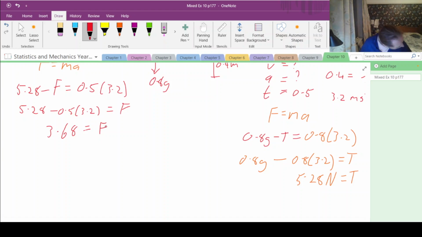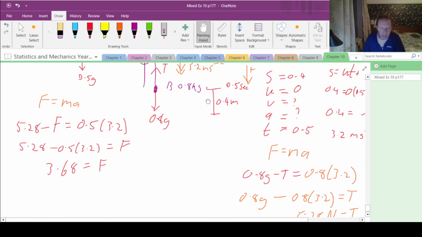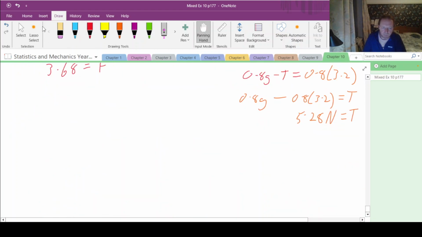State how in your calculations you have used the information that the string is inextensible. We've used that because the acceleration is the same. It allows us to know that the acceleration and the tension are the same in the string, but the acceleration mainly.